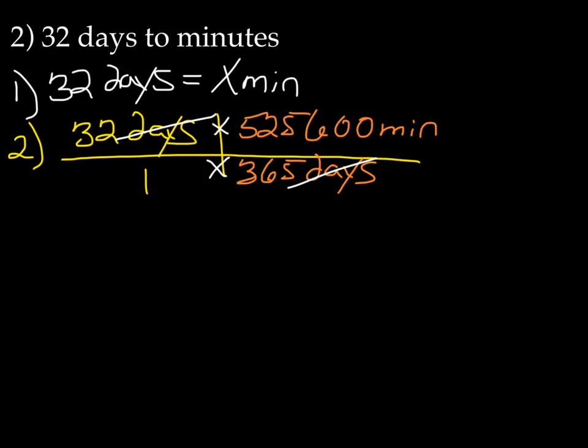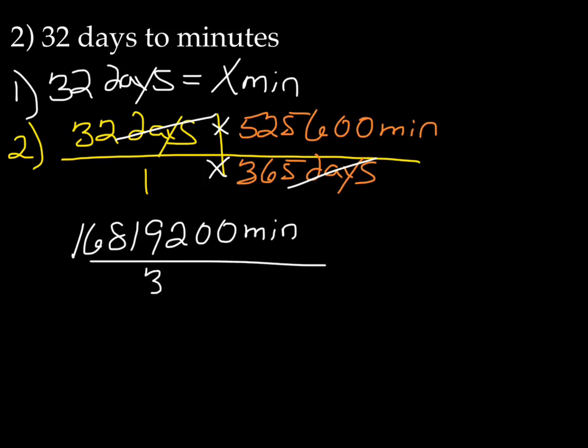And when I do that, I get a big old long number. You get 16,819,200 minutes over 365. Okay, and from here I divide, and I got 46080 minutes.